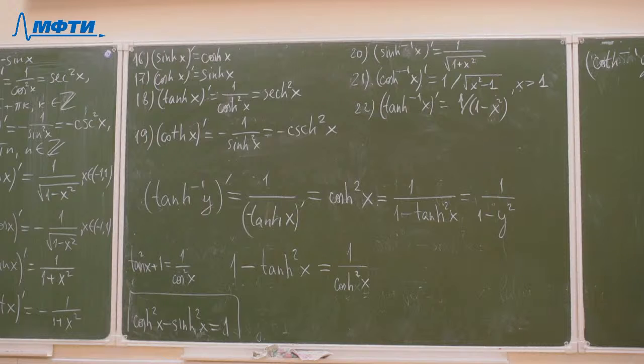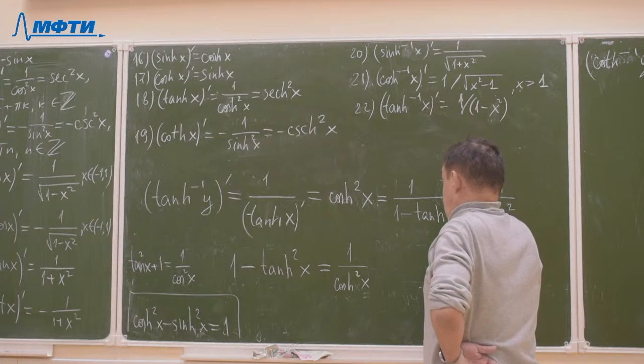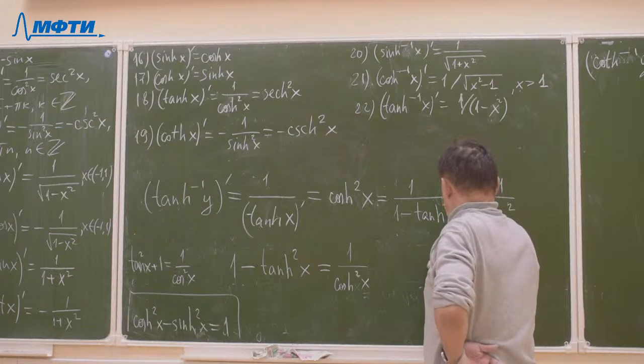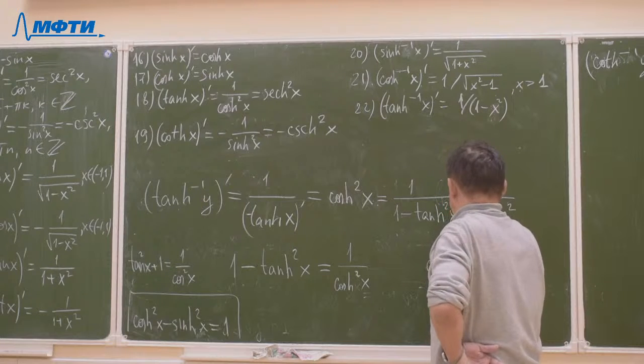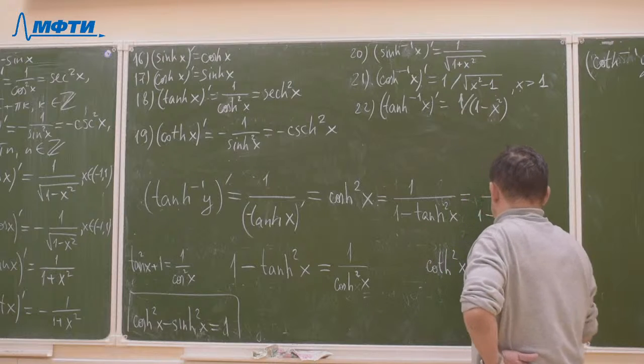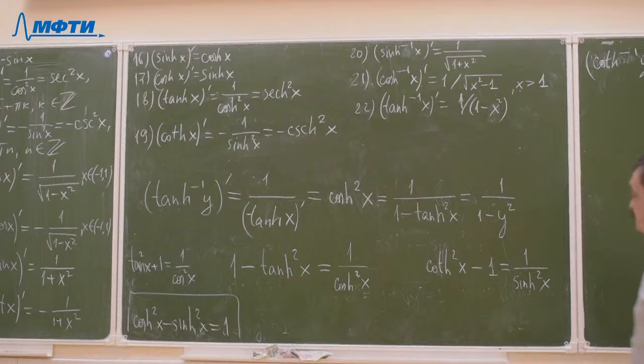Cotan hyperbolic prime is minus sine hyperbolic squared x, and once again we should compute it. Analogously we can write cotan hyperbolic squared x minus 1 equals 1 over sine hyperbolic squared x.